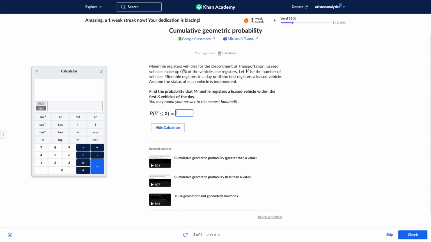What is the probability that she registers the leased vehicle within the first 3 vehicles of the day? Within the first 3. So she's asking, within the first 3 vehicles, there's at least one.